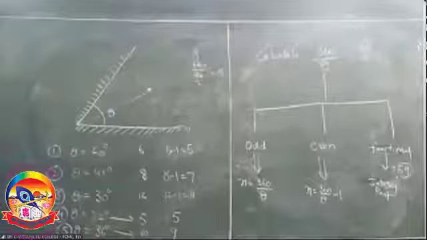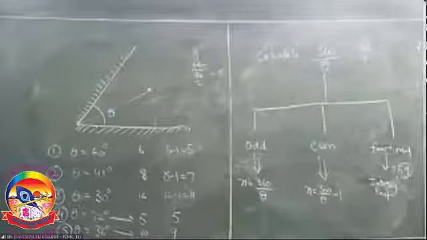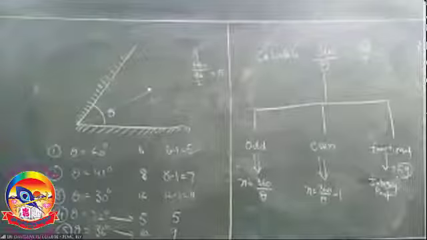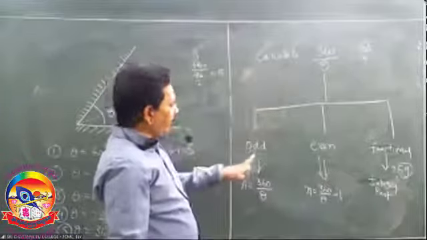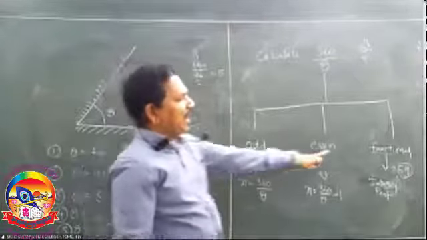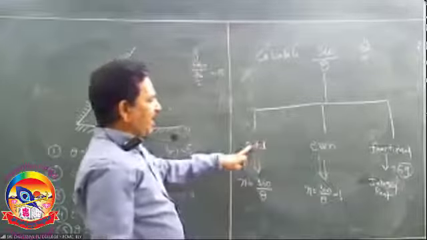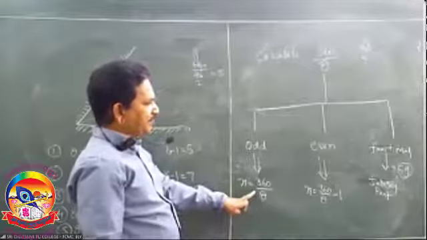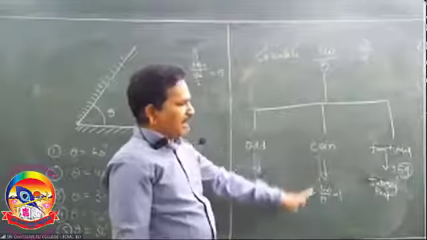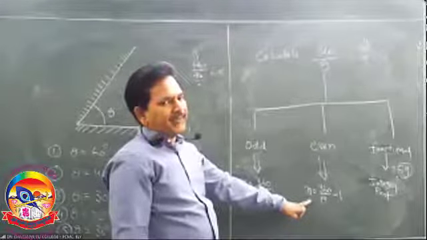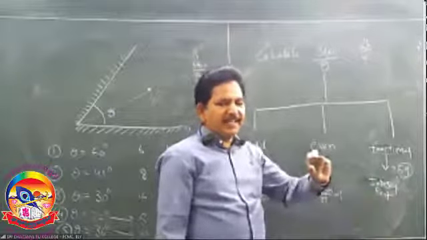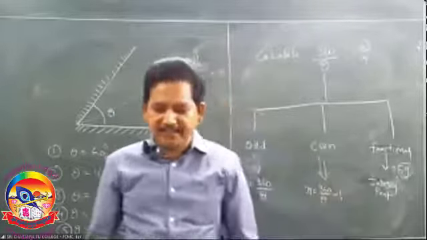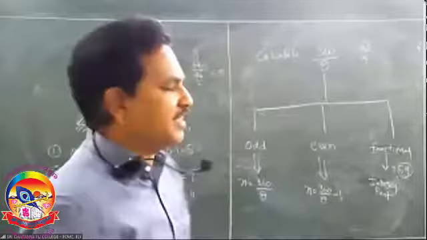To calculate the multiple images, the simple formula is: calculate 360 by theta, verify odd or even or fraction. If it is odd, the answer is 360 by theta. If it is even, the answer is 360 by theta minus 1. If it is a fraction, take only the integer part and remove the decimal part.